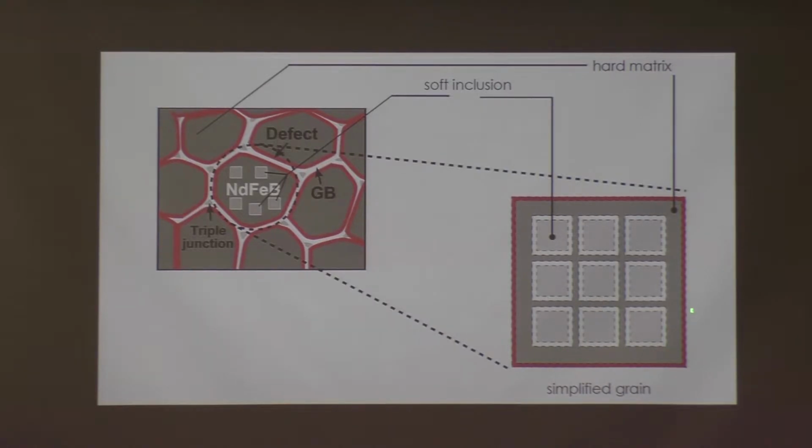Then we have a hard magnetic phase. Then we have soft magnetic inclusions. And of course, the interface between the hard phase and the soft magnetic inclusion will not be sharp. So we have some interdiffusion layer here in white with some average properties between hard and soft magnetic phase.